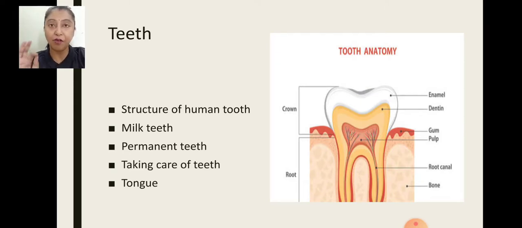Otherwise, the tiny bits of food left in the teeth can help the bacteria to grow and breed in the mouth, and these bacteria produce acids which can damage even the hardest layer of the teeth, that is enamel.